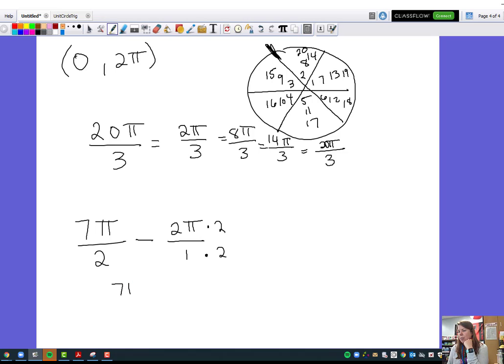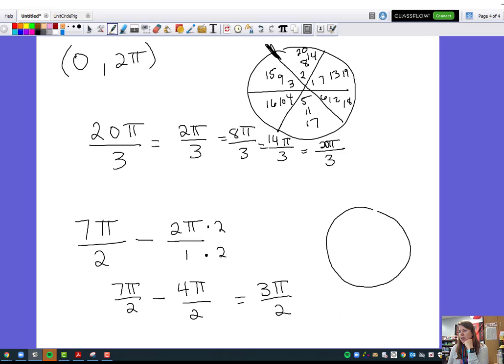So I have 7 pi over 2 minus 2 times 2, which is 4 pi over 2. Sorry, 4 halves is the same as 2 pi. What I'm doing here is taking out 360, or 1 full rotation. So 7 pi minus 4 pi is equal to 3 pi over 2.